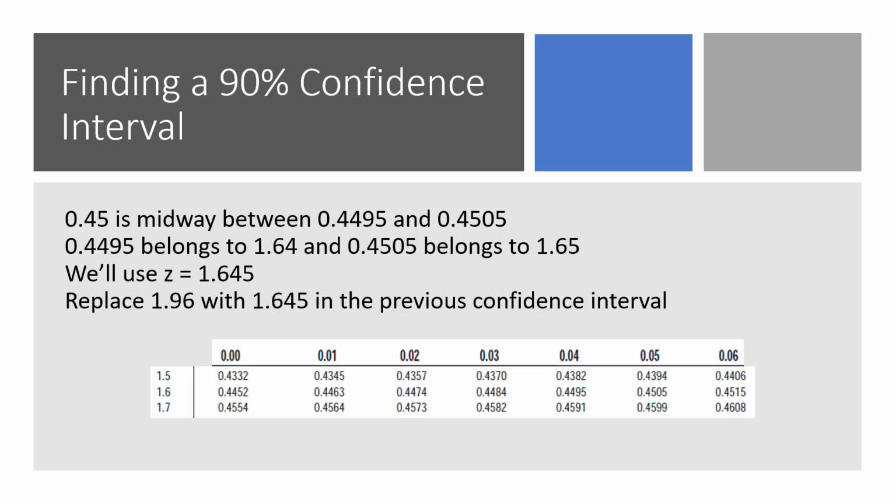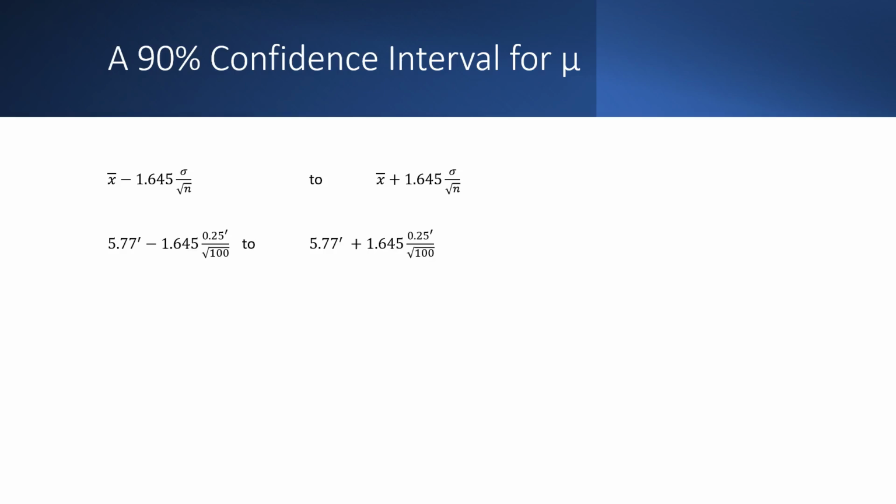So if it's right in the middle of those two z-values, we can go ahead and use the z-value of 1.645. So now that we're doing a 90% confidence interval, we can replace the 1.96 with 1.645 when we do our calculation.